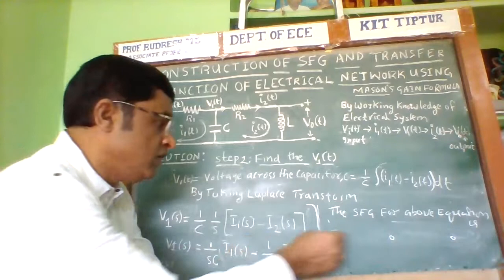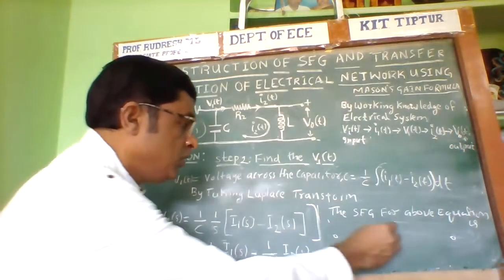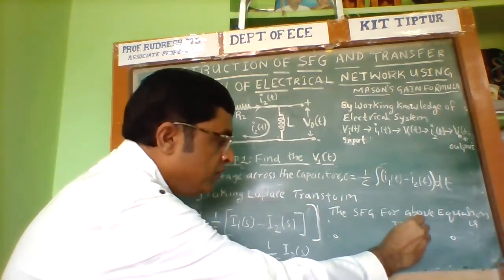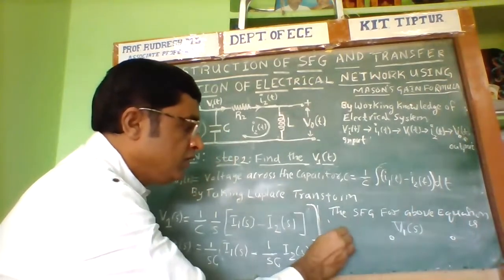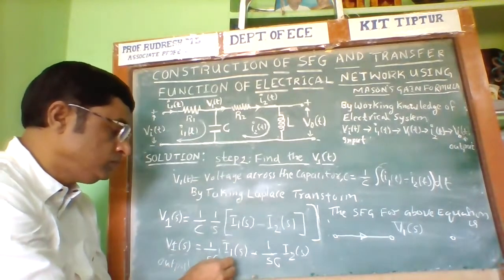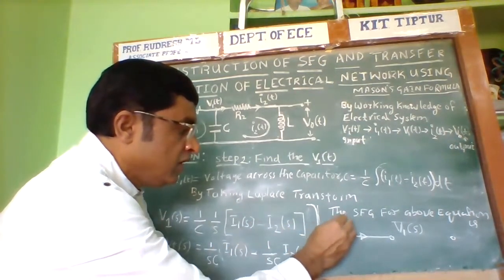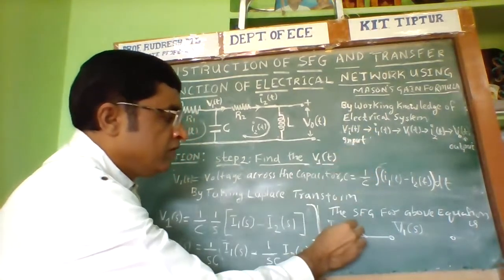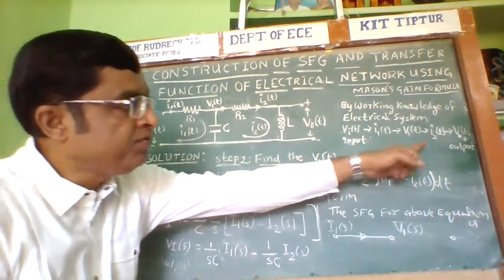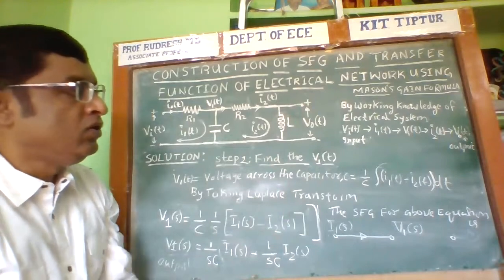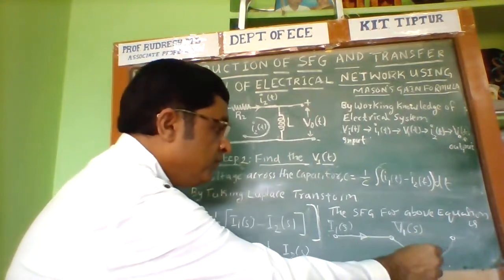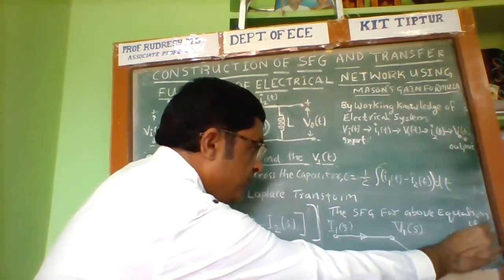This is the output node, V1 of S. Here, the output of the previous stage is I1 of S. And I2 of t is the output of the next stage, so I should write I2 of S here.